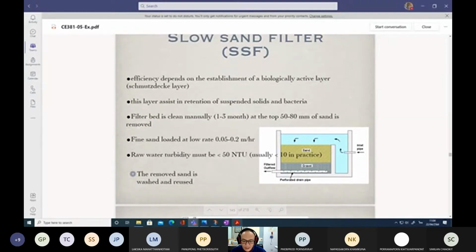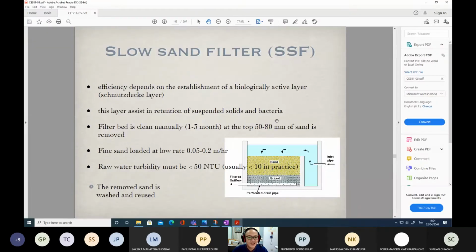Okay, so we come back to this slide, slow sand filter. In fact, the key difference between slow sand filters and rapid sand filters is just the effective size of the media.